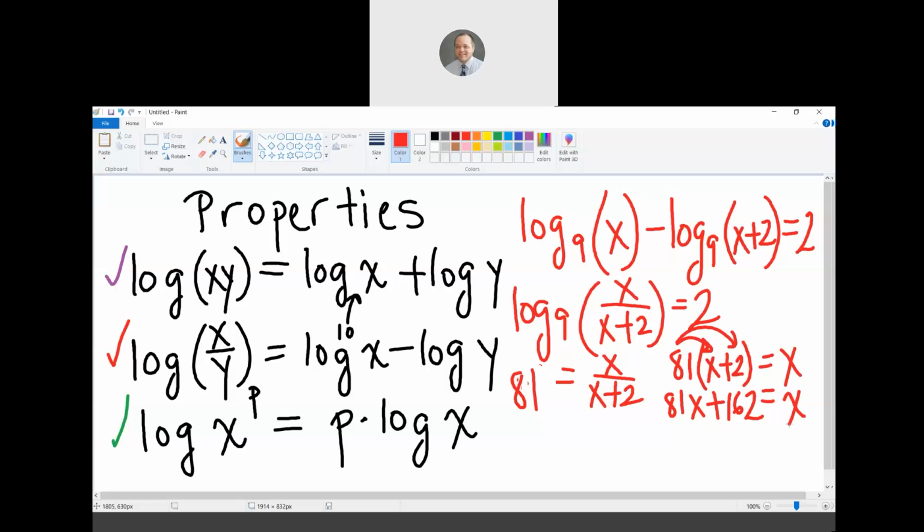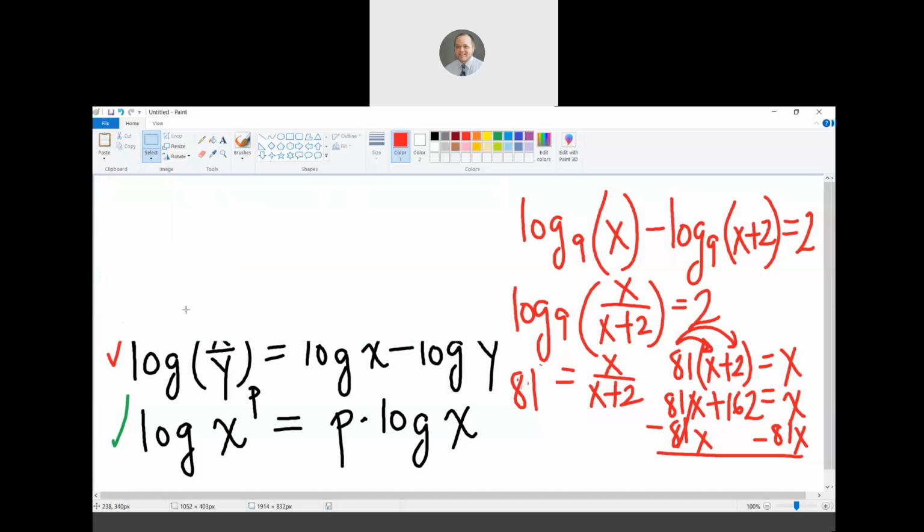And let's subtract 81x from both sides. And that will give us, let me make some more room over here so we can finish solving our equation, 162 equal to negative 80x.